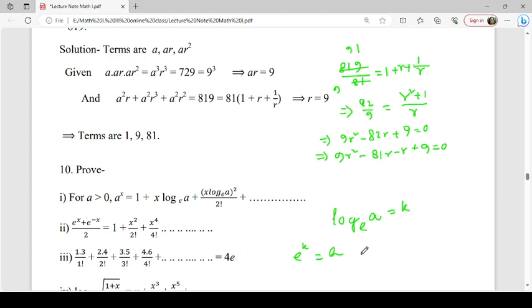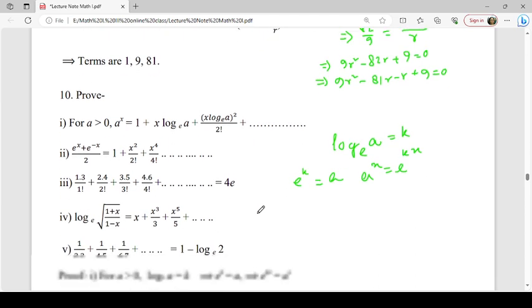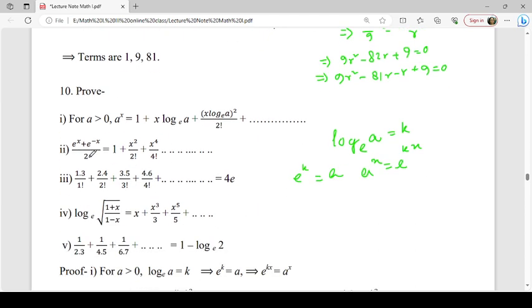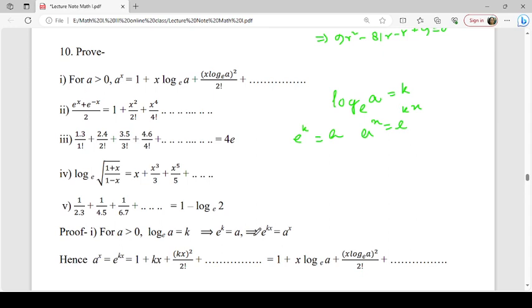A to the power x is equal to e to the power kx. So we expand: 1 plus kx plus kx whole square by 2 factorial plus kx whole cube by 3 factorial, etc. In place of k we write log of A to the base e. So we are getting this.